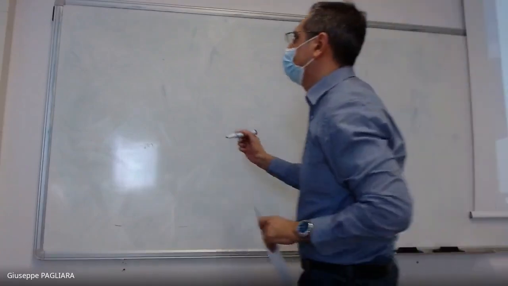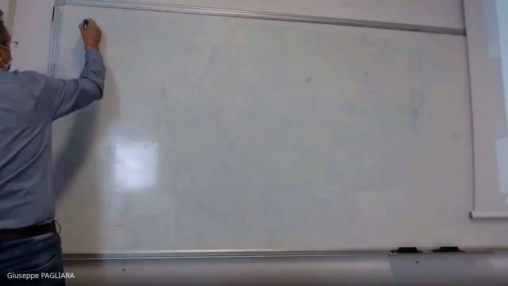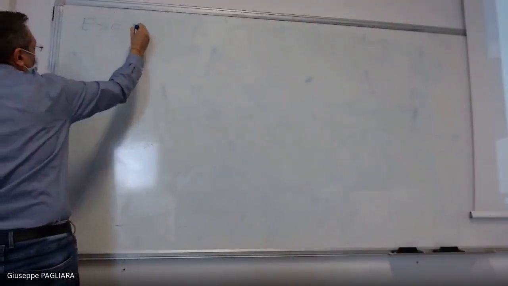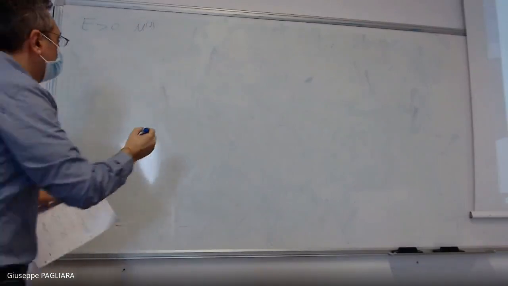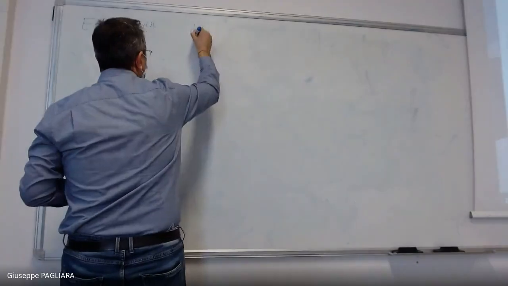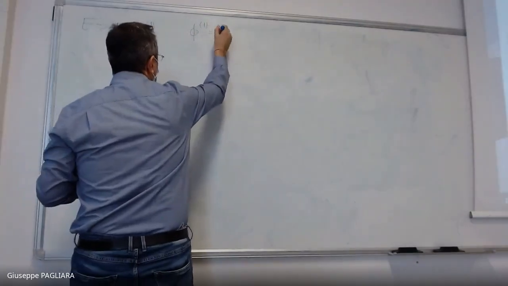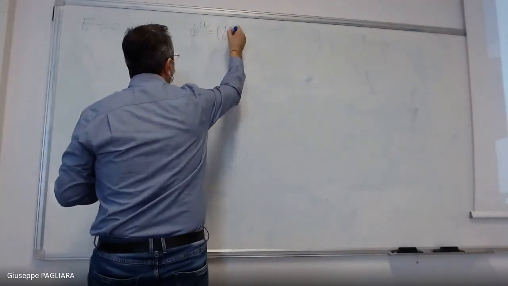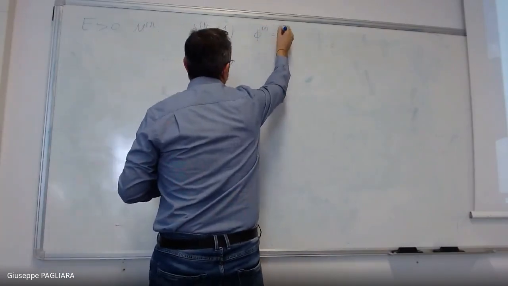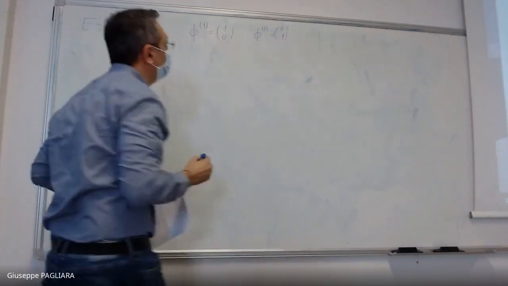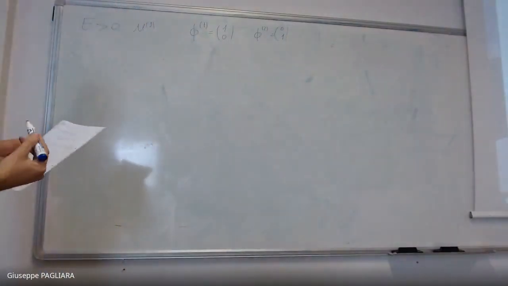Let me concentrate on the first positive energy solution, U1. As an arbitrary choice for phi 1, we take (1, 0), and for phi 2, we take (0, 1). And let's now substitute this into the equation.